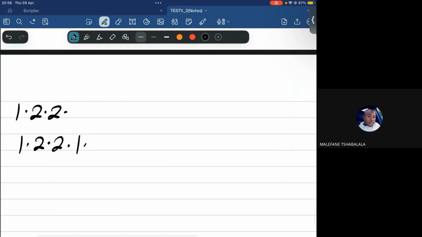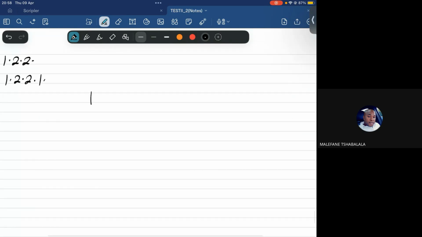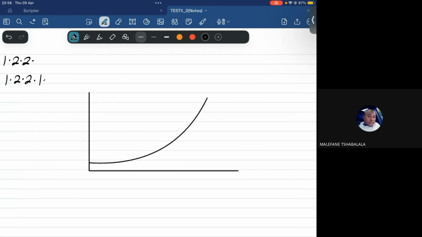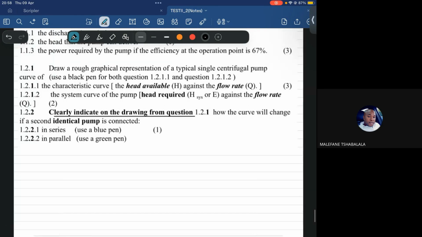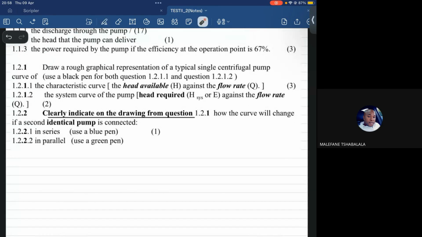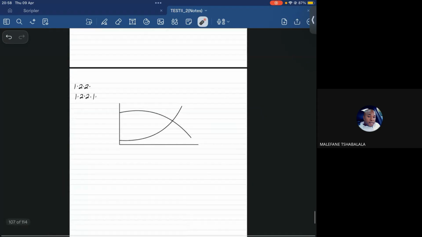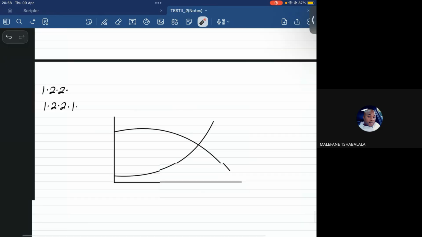1.2.2.1. So combining the characteristic curve and the system curve of the single pump. If they add a second identical pump to this single pump, and these two pumps are connected in series, our graph will look like this.